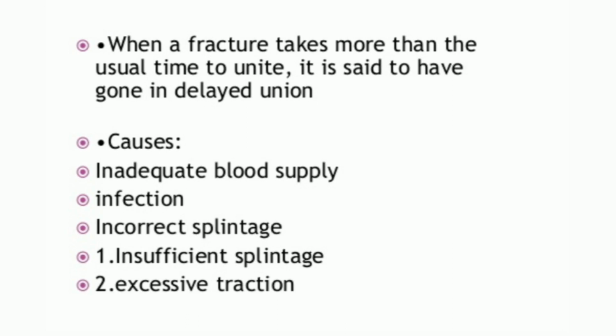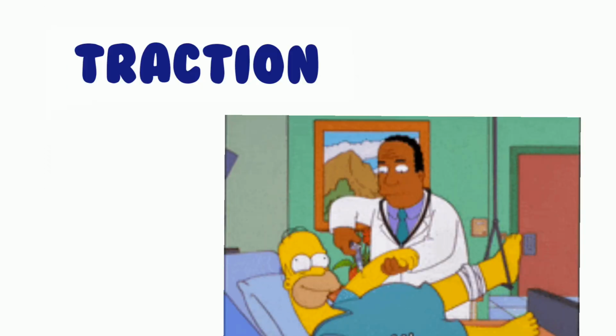Delayed union: when a fracture takes more than the usual time to unite, it is said to have gone into delayed union. Causes are inadequate blood supply, infection, and incorrect splintage, like insufficient splintage or excessive traction.